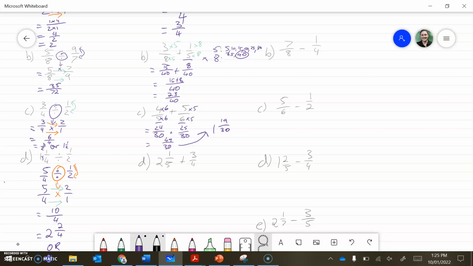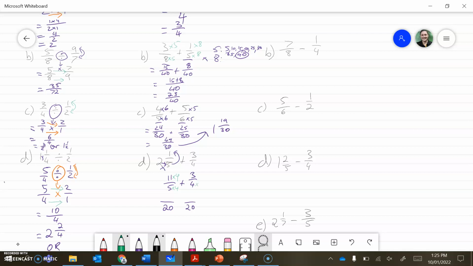Okay, and our last addition, I'm going to change this to an improper fraction. So 2 times 5 is 10 plus 1 is 11. So we've got 11/5 plus 3/4. Common denominator of 5 and 4 would be 20. So what I need to do is I multiply 5 by 4 to get to 20. So we also need to do that to the numerator.